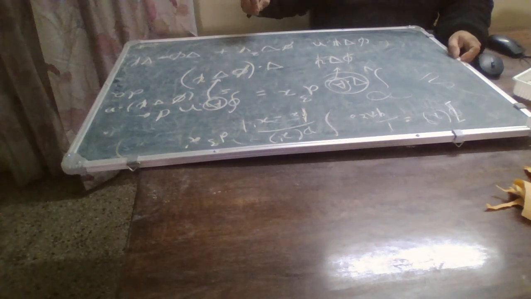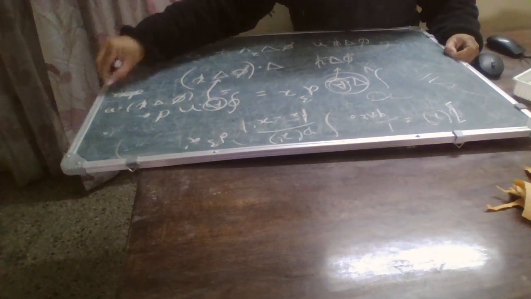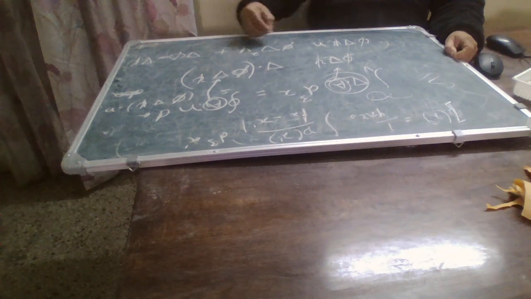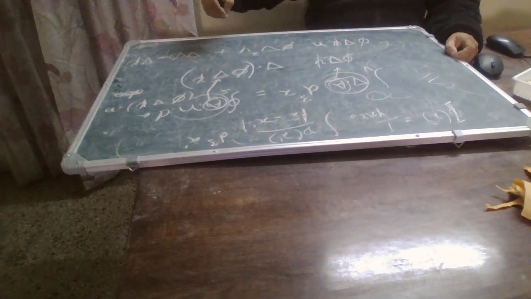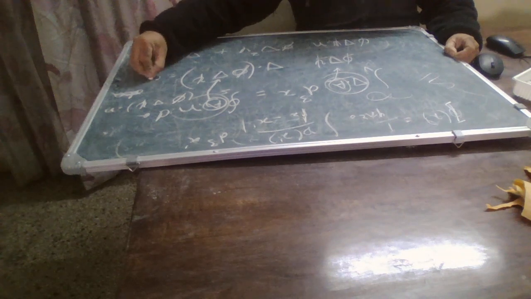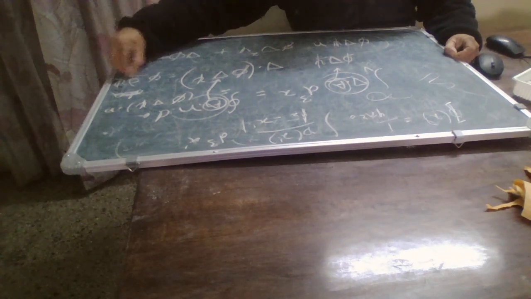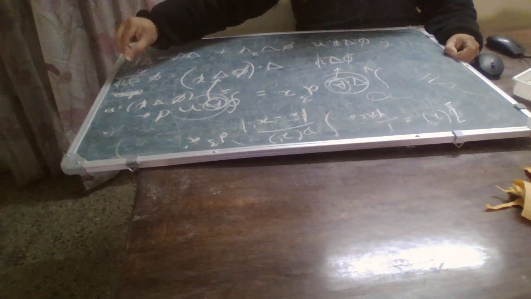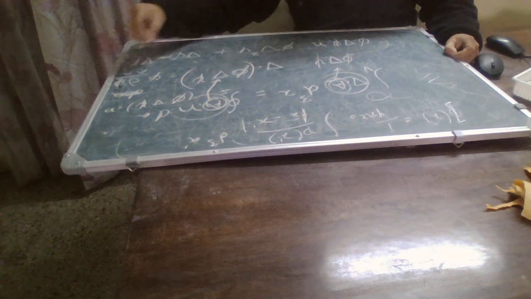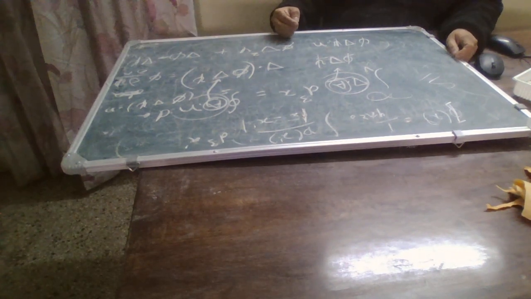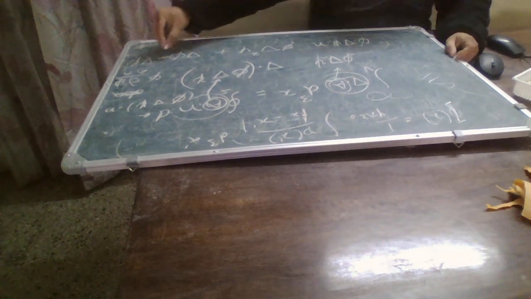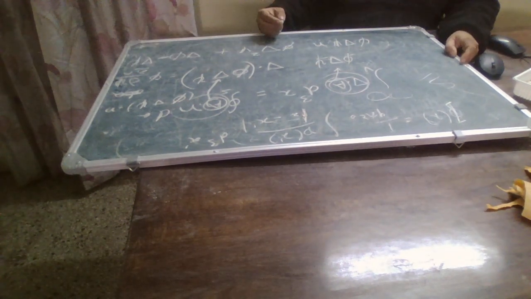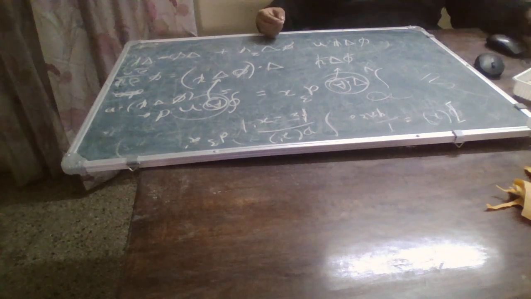Not integrating it, let's take only this integrand inside. So it is equal to phi times the partial of xi with respect to n. This is basically the normal derivative at the surface S, directed outward from inside the volume V.